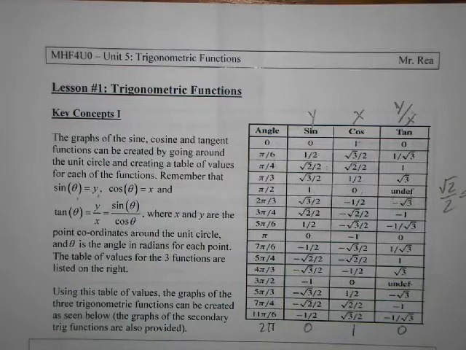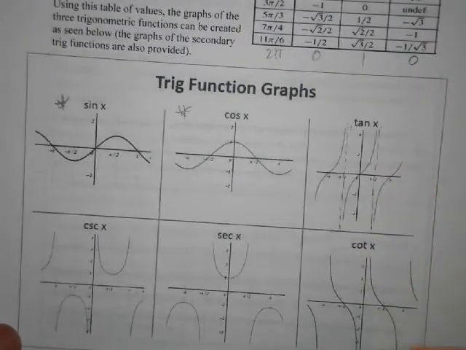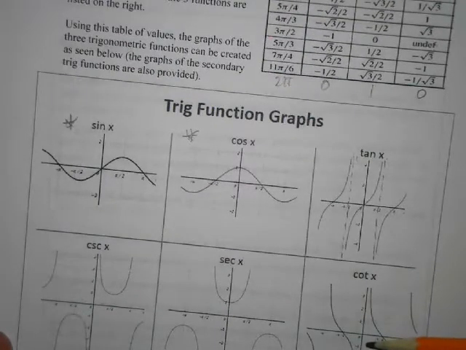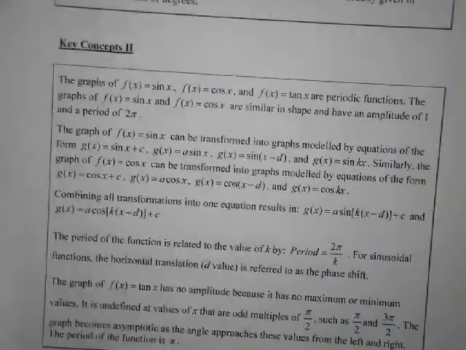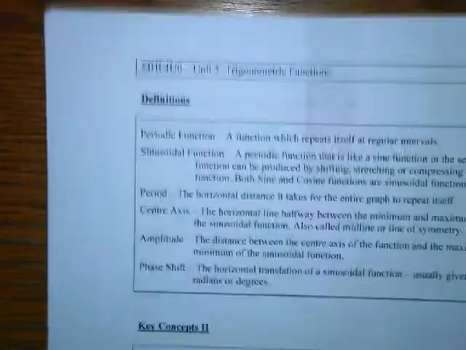Same with secant and same with cotan. Cotan looks a lot like tan, but it's going the other way, and the asymptotes are wherever the sine value is equal to 0. Some graphs there to look at, but the key ones are sine and cosine.